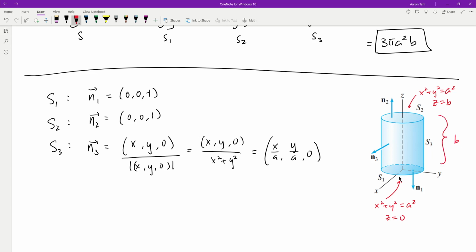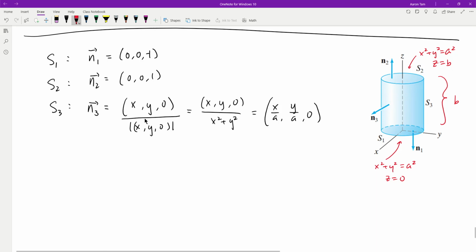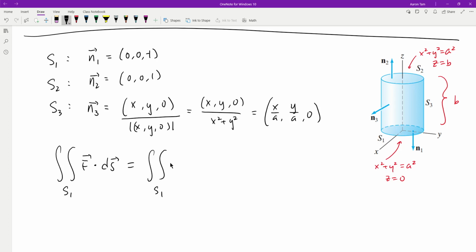And then this whole thing is height b. Don't forget. So now having the perpendicular vector actually allows me to quite easily calculate these three surface integrals. So I'll show you. The surface integral is actually given by this. So I'm going to try to calculate the surface integral for S1. Our second notation is actually this, d sigma.